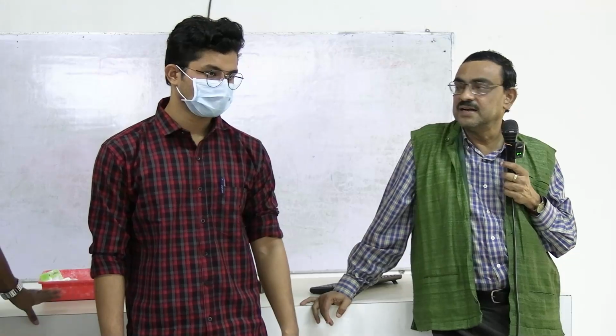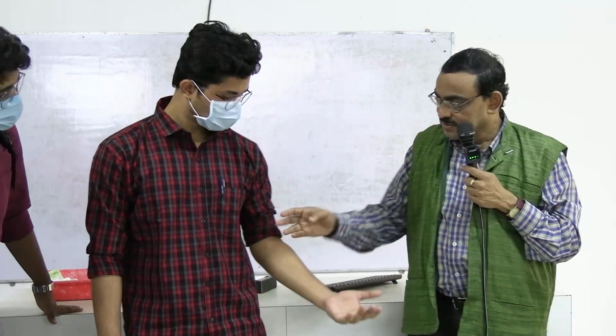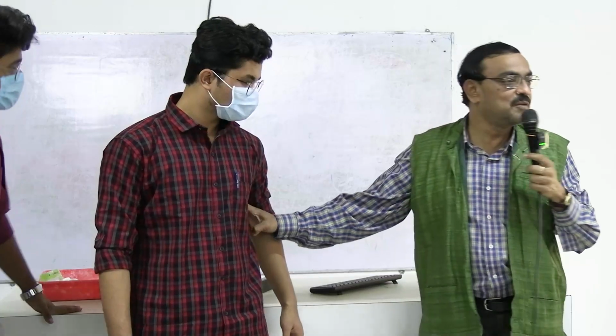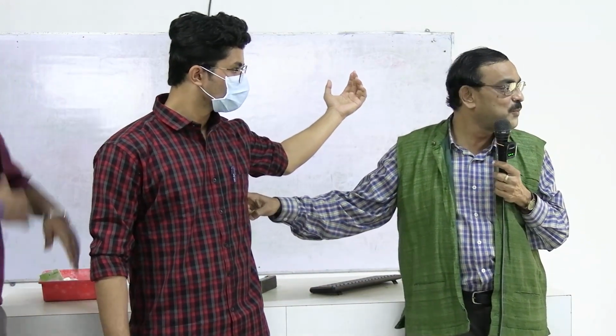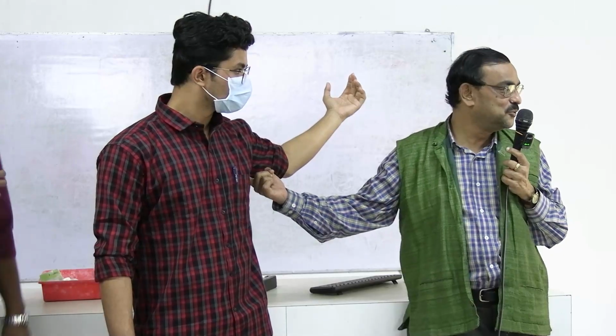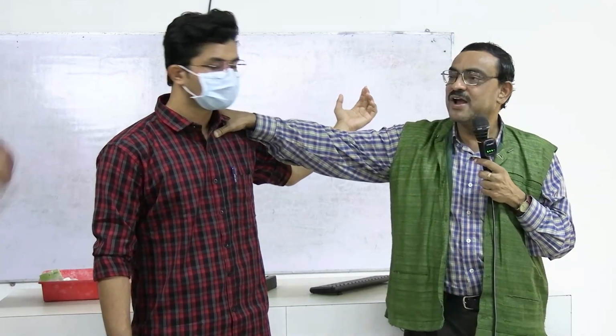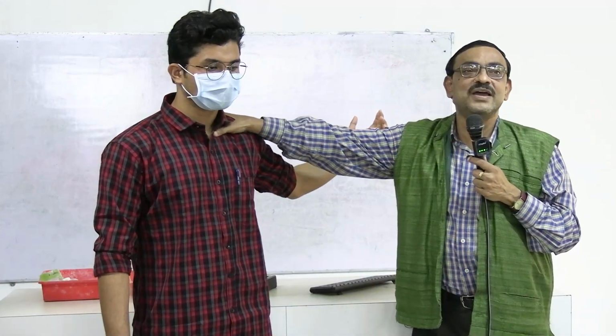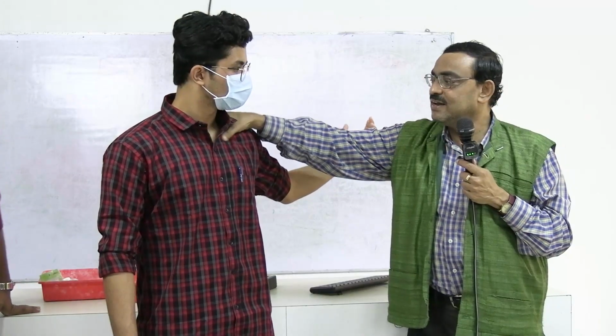Left axillary artery. We know this point is the end of the axillary artery or the beginning of the brachial. So one point is already made by you. And another point is very easy. We can feel the clavicle.